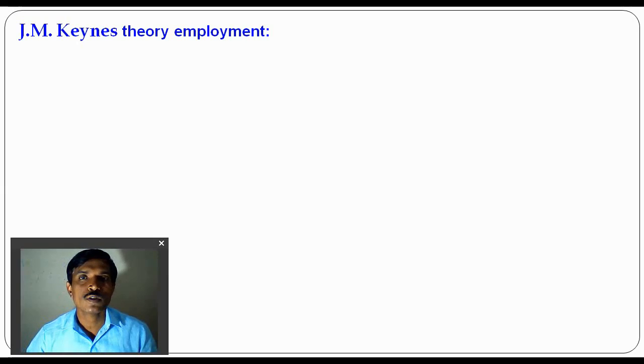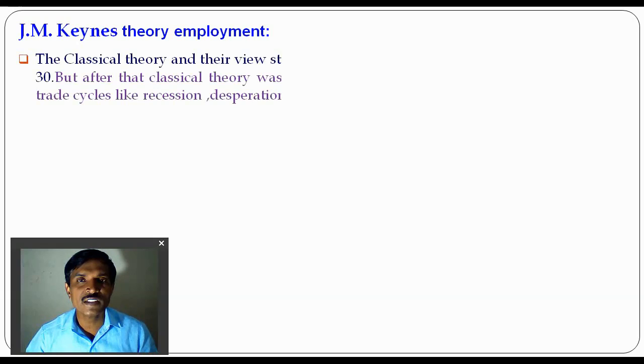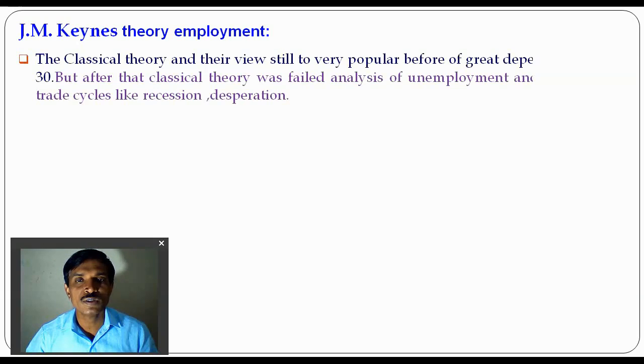This is the last lecture of topic number 3, employment and output theory. In the previous lecture we discussed the assumptions of the Keynesian theory of employment, and here we discuss the explanation of his theory. The Keynesian theory of employment became very popular after the Great Depression of 1929 to 30, when the classical theory failed to analyze employment and phases of the trade cycle like recession and deflation.